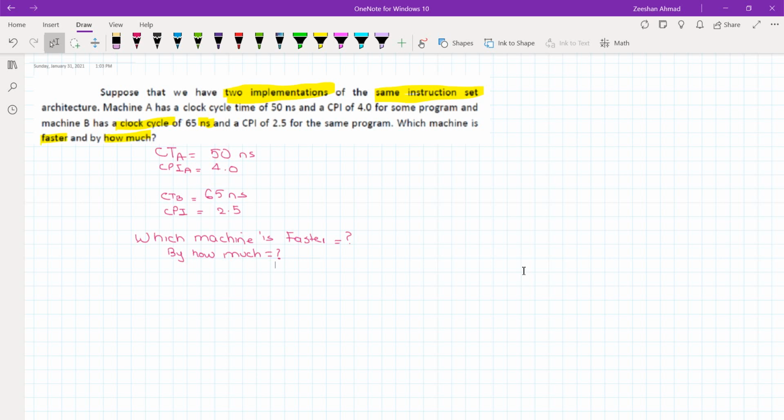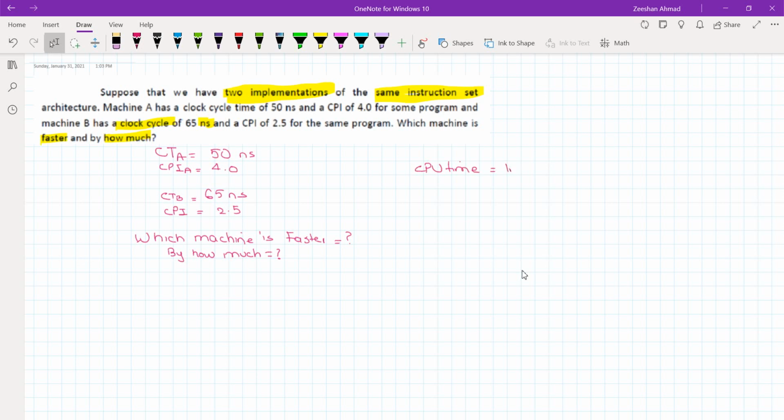This is one of the metrics, because he did not mention which particular performance metric to use. So we can use the CPU time. Among the formulas, the one which best suits this particular question is the CPU time formula, because if you remember, we did multiple formulas for the CPU time.